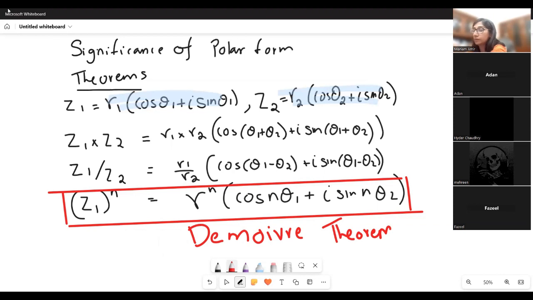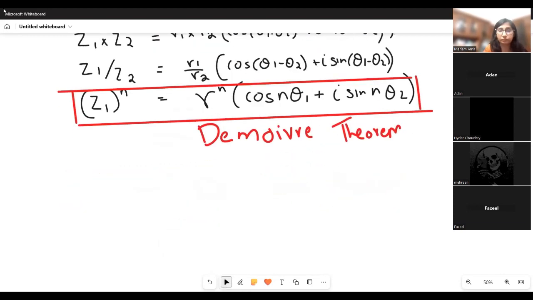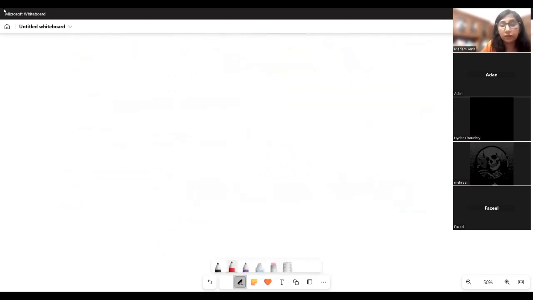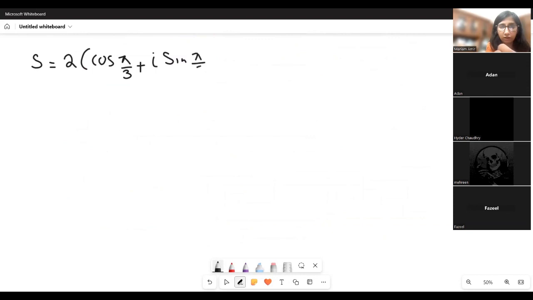So now let's apply this theorem on the questions. So you have a complex number S already in polar format. Sometimes in the question, they will first ask you to change it into polar format, and sometimes you will already have the number in polar format. So that's S, a complex number, and there is another complex number T, which is just cos pi by 4 plus iota sine pi by 4.